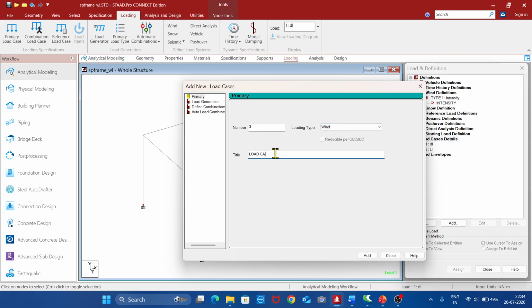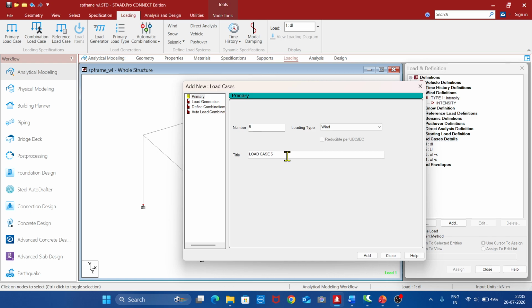So wind load, let us take wind load plus X, add, that is in the positive X direction. Then fourth case, wind load acting in the negative X direction, click add.